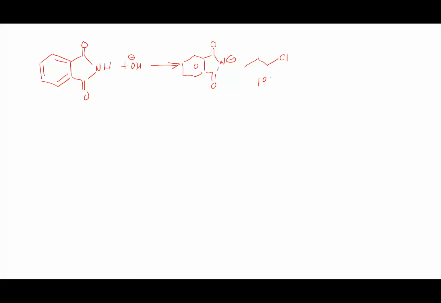I don't know how well secondary will work, so we usually just stick to primary halides. So this N- is going to come in, kick off the chlorine. We're going to do an SN2 reaction, and the net result is we're going to alkylate that nitrogen to form that compound.